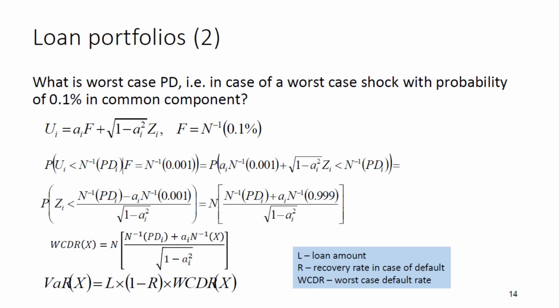Conditional upon this shock occurring, what's the probability of asset i going into default?